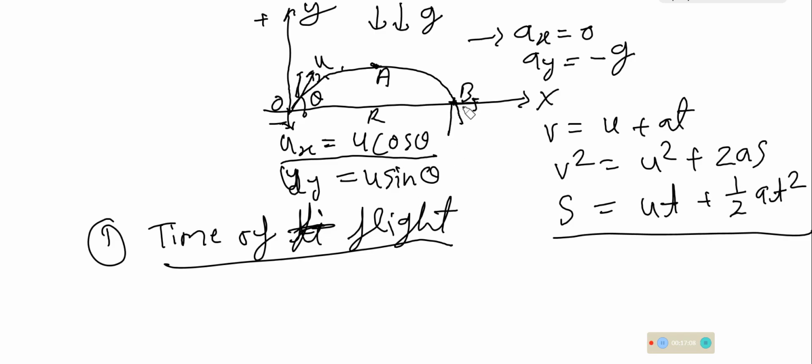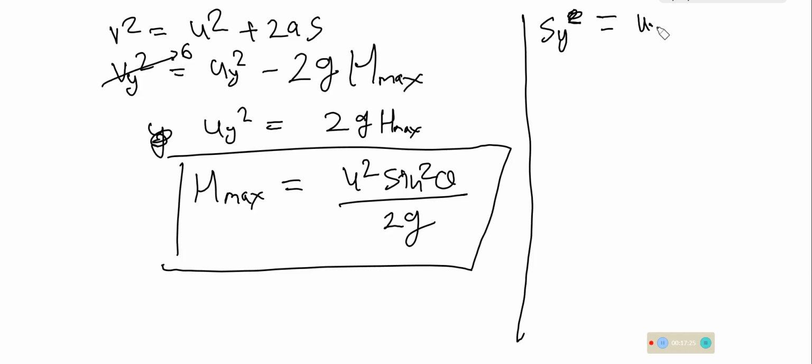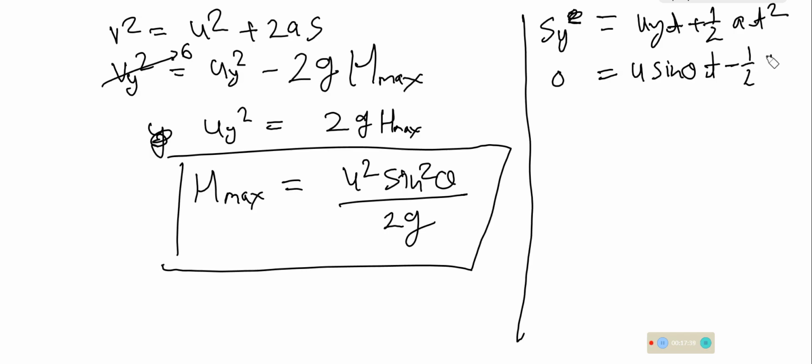So at point B the y displacement is 0, so we can put here Sy is equal to uy t plus half a t square. Then Sy is equal to 0, and u sine theta into t minus half g t square.